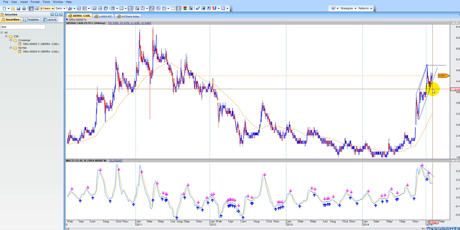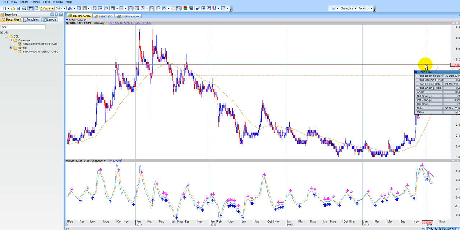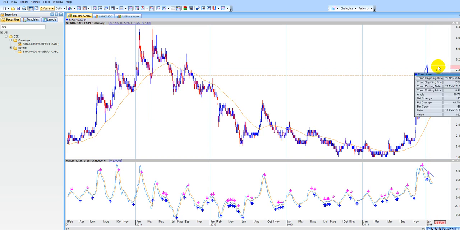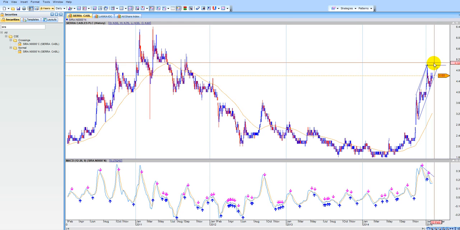My opinion for Sira Cables would be, it tested 5. If it goes beyond the resistance, which is 5 rupees, then we might have a limited opportunity to do some trading, but not for the long term if you enter here, because the valuation is such that for me it doesn't justify the current annualized earnings, which one should not pay more than 5 for.